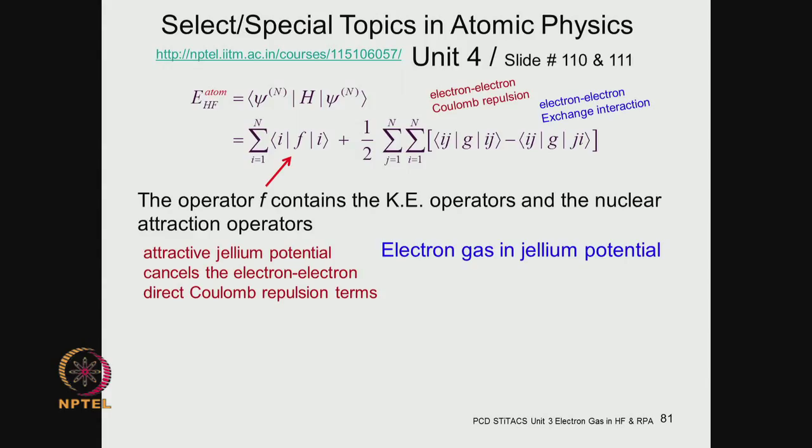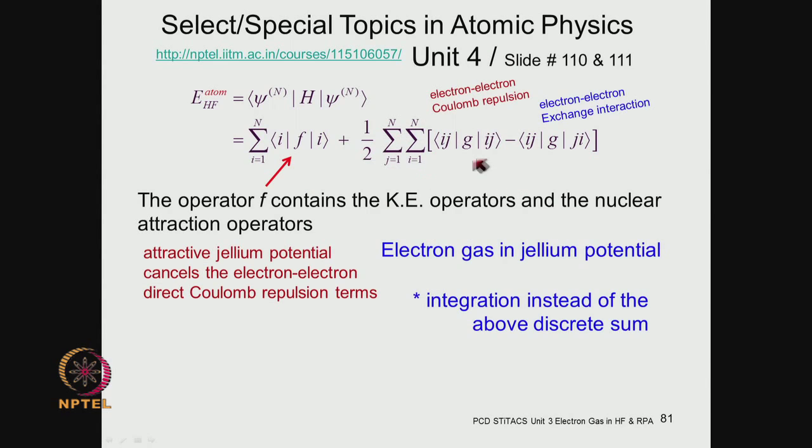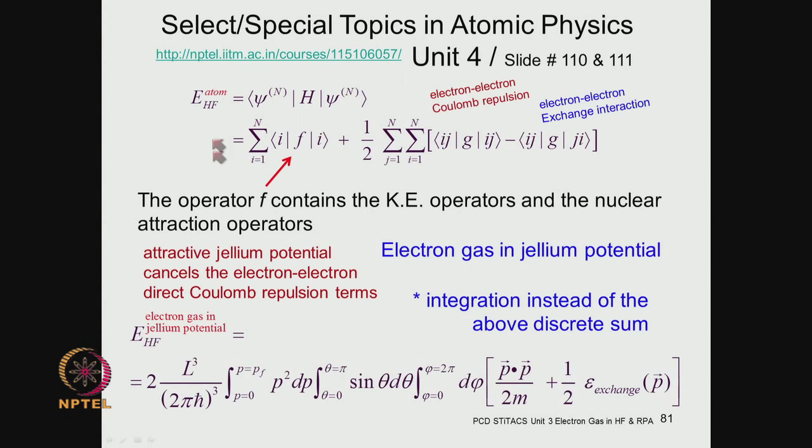So, these are the two changes that we shall remember, and therefore, all we have to do is to replace the summation over these discrete states by integration over continuum states going up to the Fermi momentum. Once we make these changes, we can straight away adapt this result of the previous course from unit 4 and write this expression for the Hartree-Fock energy, not for the atom, but for the electron gas in the Jellium potential.